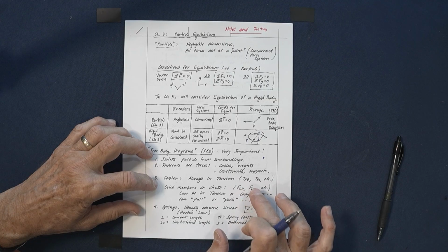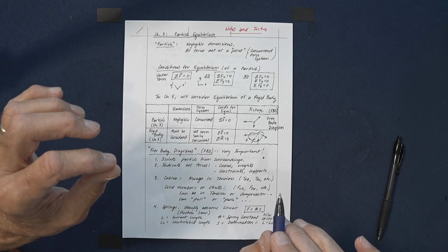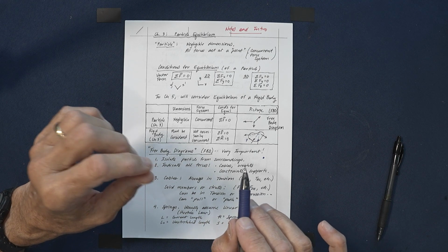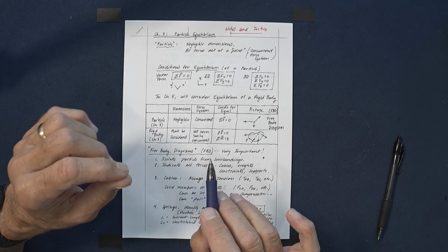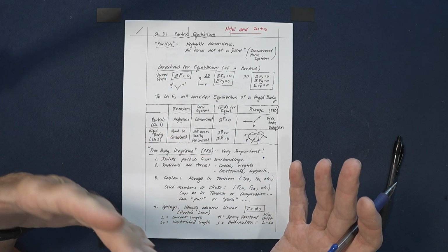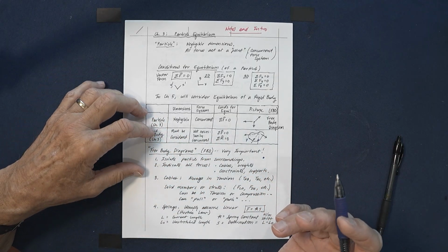Again, as you draw this force, you can draw it pushing on. If a member pushes on a particle, then the particle pushes on the member. Newton's third law says that for every force, there's an equal and opposite force, or for every action, there's an equal and opposite reaction.